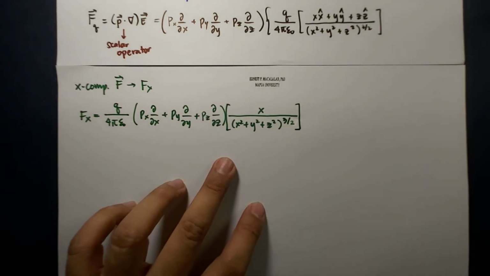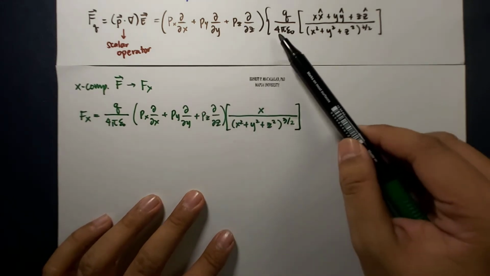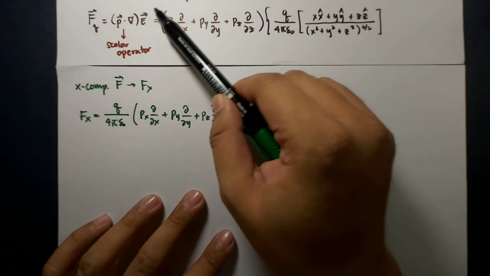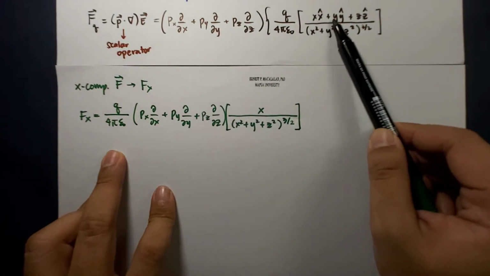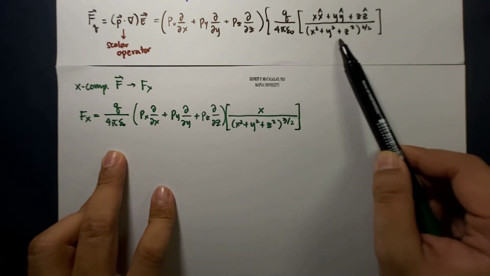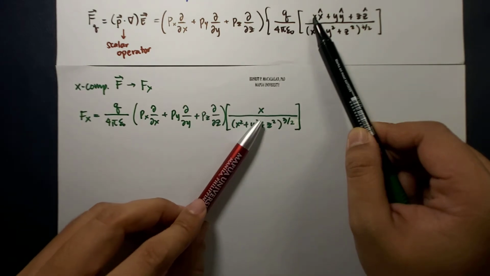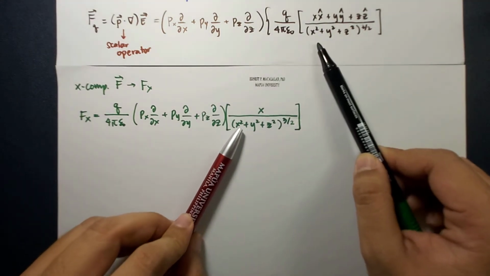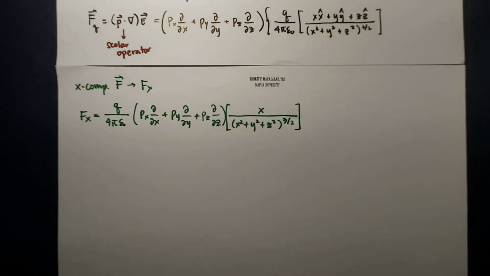You follow? What I did here is I factored out this constant, and then I allowed this to act on the 3 components. So the first component of this vector is x over this thing, and we do the same for y and z later.